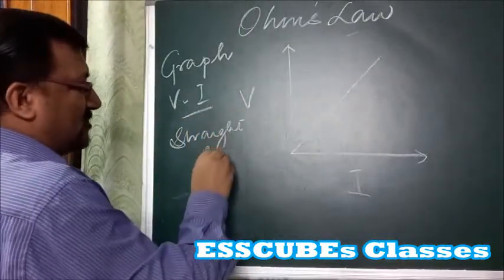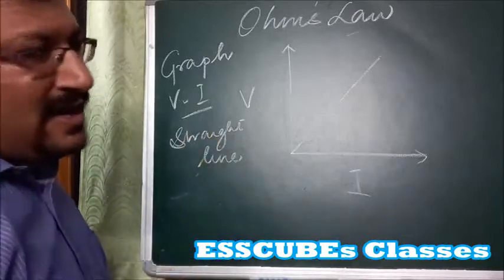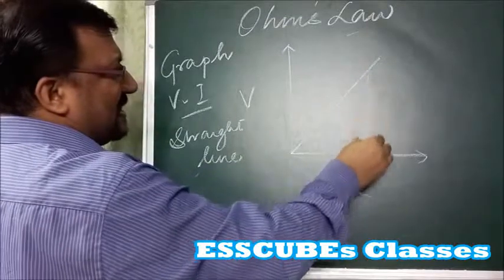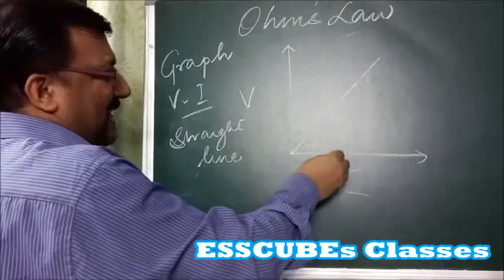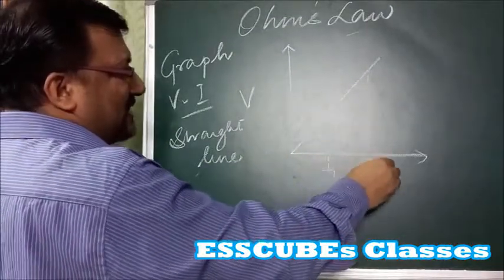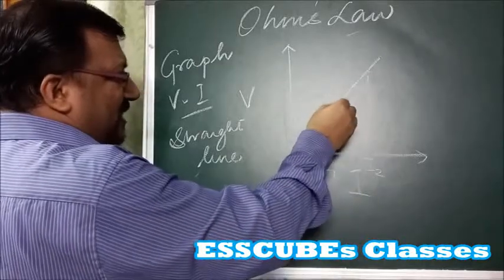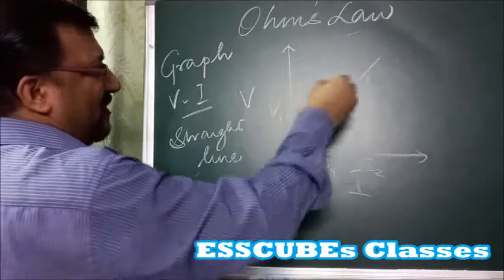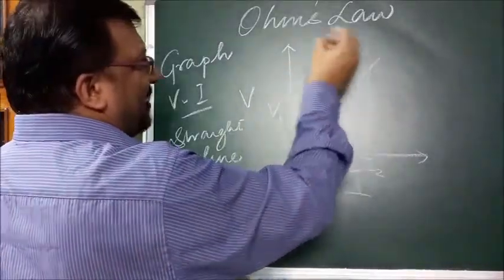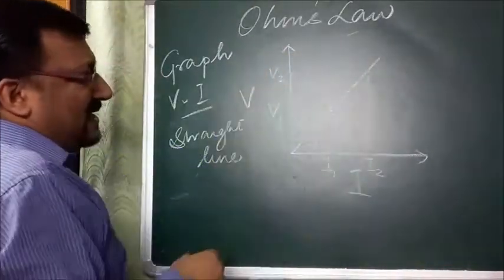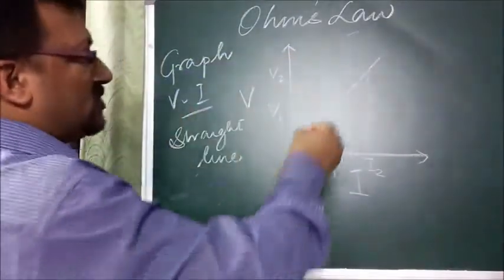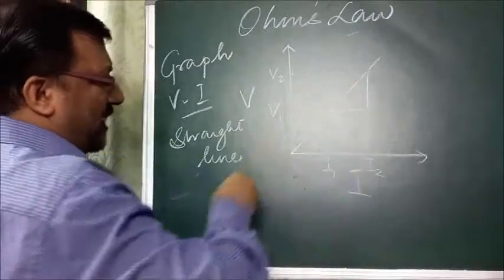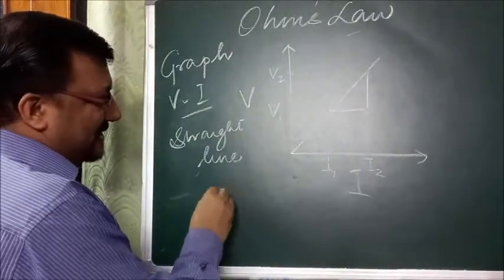We also need to know from here that suppose we know two points, this and this. If I call this I1 and this I2, at these particular points let us measure the value of V. If I have V1 and over here I have V2, then the slope between these two points will give me the resistance.